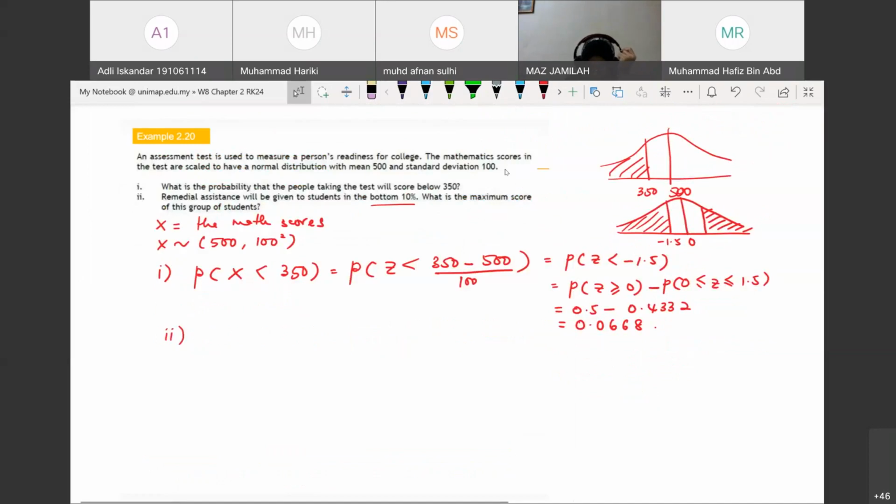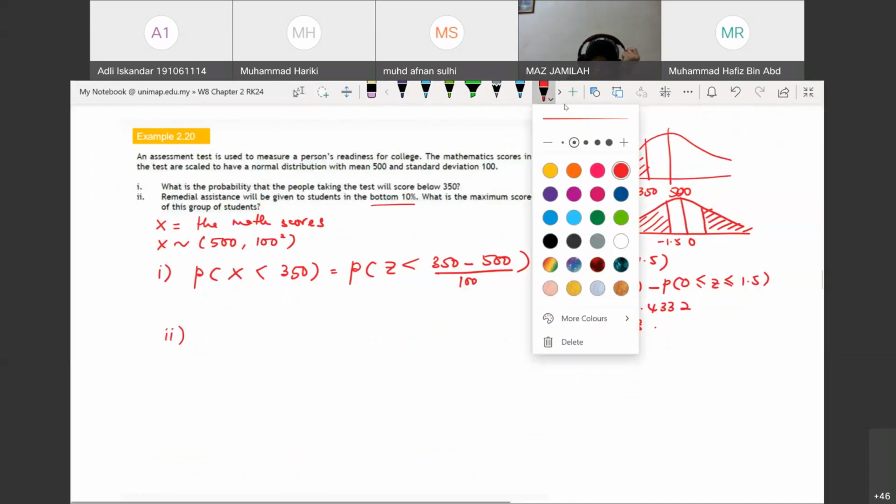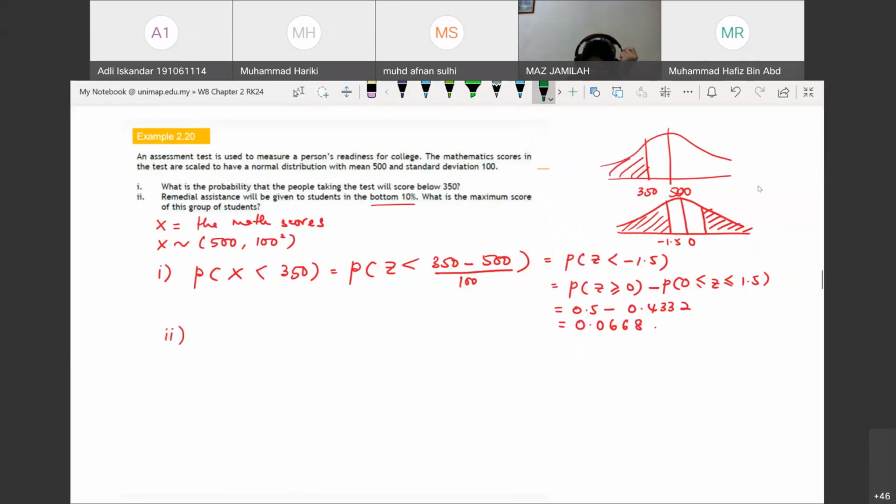You will have to relate to your upper tail probabilities. If you were to use your upper tail, where will be the location? You are talking about this small portion of remedial assistance. Of course, remedial assistance will be given to those who are very weak or got a low score, which is at this stage, not here, but here.